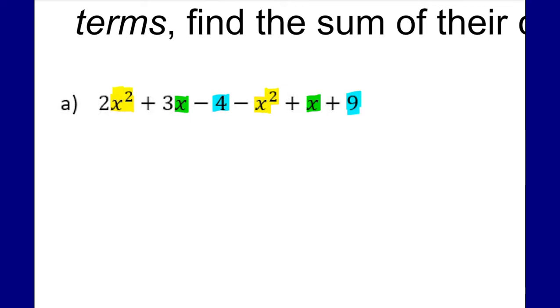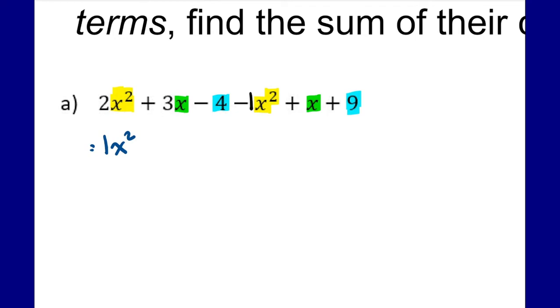So we have 2 chests, take away 1 chest. The reason I'm saying take away 1 is because when we don't see a coefficient in front, we assume that it's 1. So if I have 2 take away 1, I'm left with 1 x squared, or one of those items.